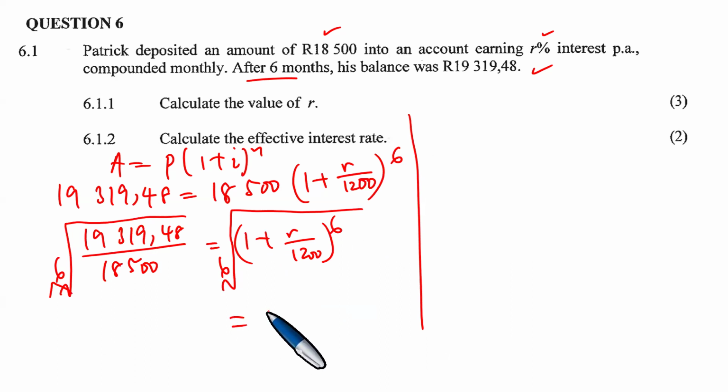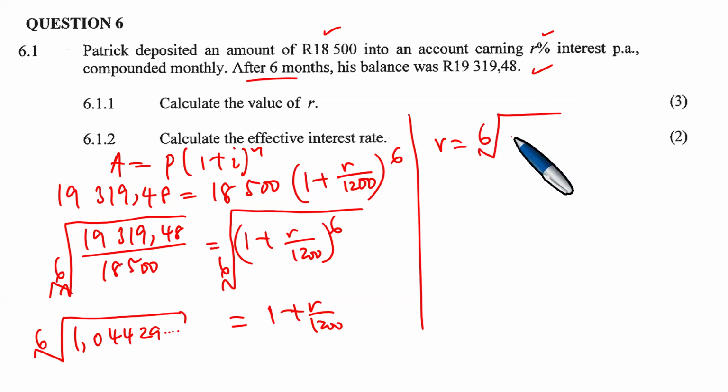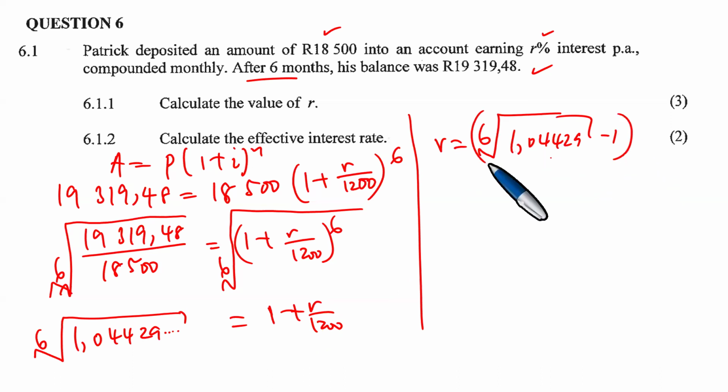So now what we have is 1 plus r over 1,200, and we're going to use our calculator here. Doing the division, we get 1.04429. Now you need to solve for r, so that r is exactly the 6th root of 1.04429 minus 1, times 1,200.